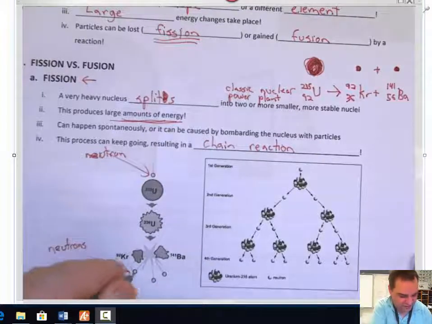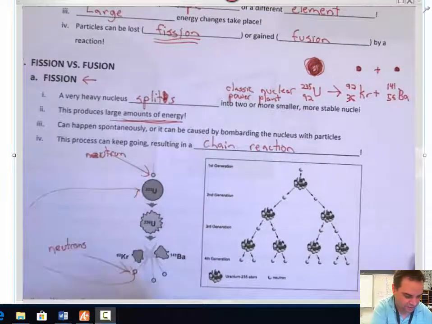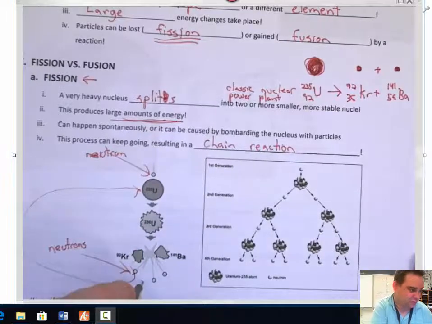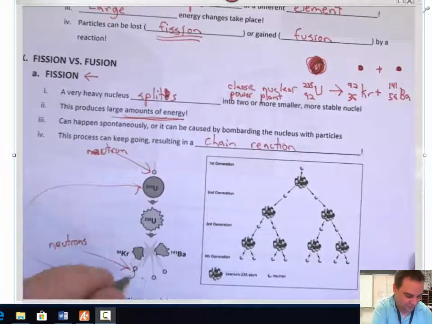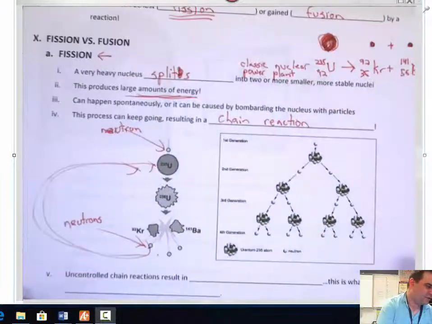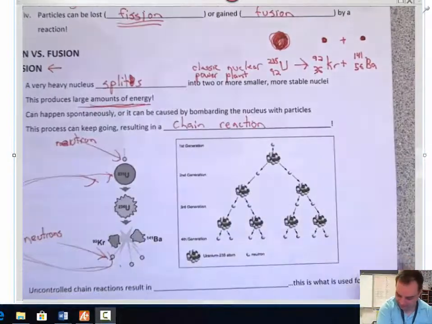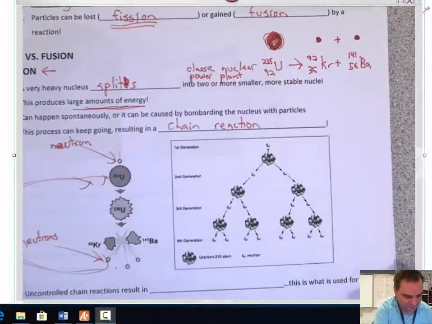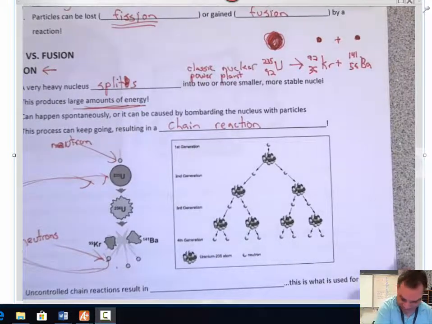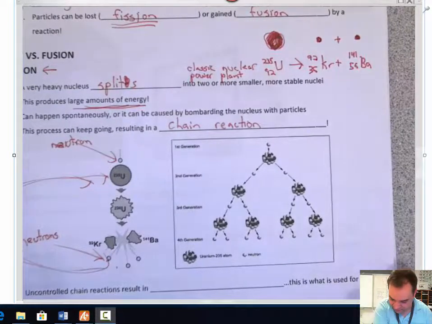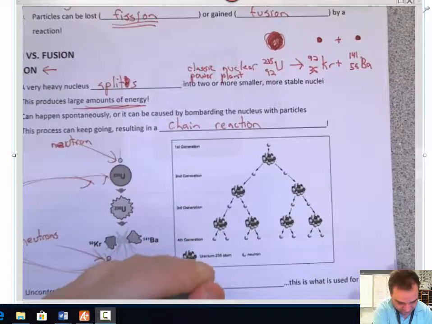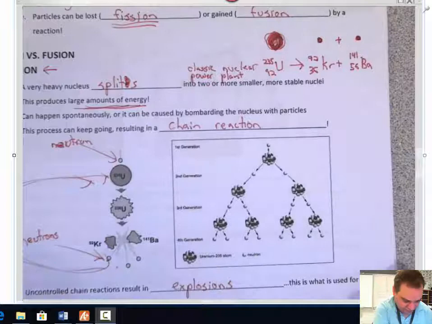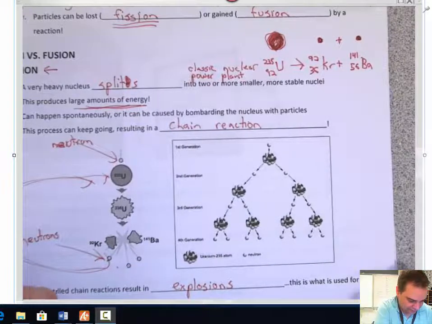What these neutrons do is they find more uranium and break it apart, producing more neutrons. And then you produce more neutrons, and then you find more uranium and break it apart. That is why they call it a chain reaction here. That would be a controlled chain reaction. Uncontrolled chain reactions result in explosions and is what is used for the atomic bomb.